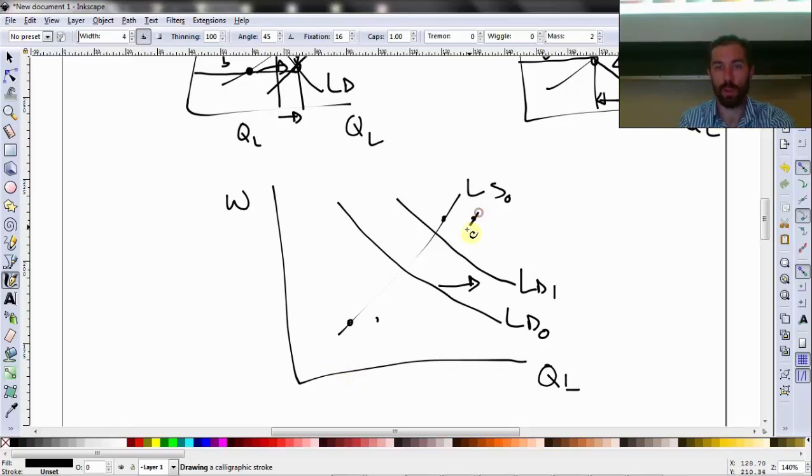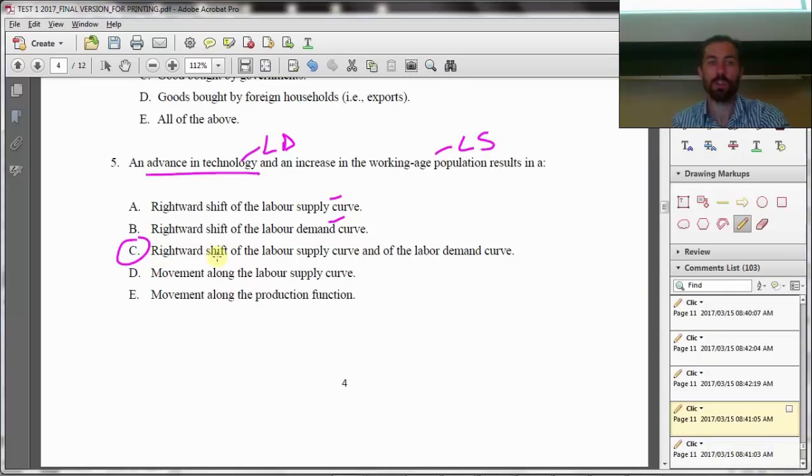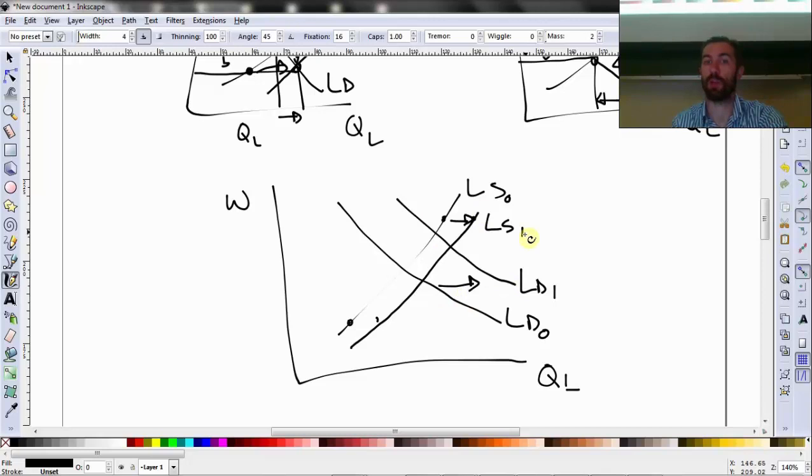So what have we got? We've got a shift to the right of the labor supply curve. So a rightward shift of labor supply and labor demand. You happy we've got a rightward shift of both?